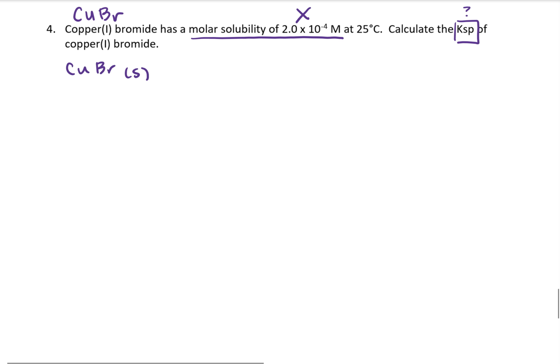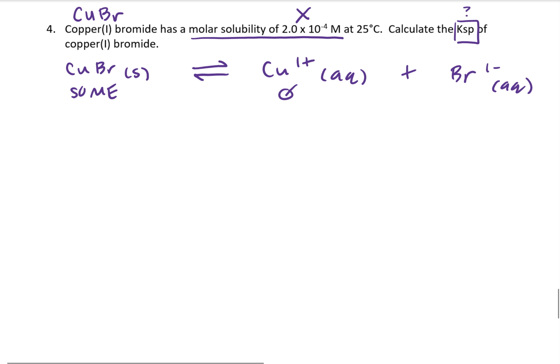Solid copper 1 bromide breaks up into copper 1 plus ion and bromide 1 minus aqueous ion. Some amount of copper bromide dissolves. The initial concentrations of the ions are 0. This is in pure water.